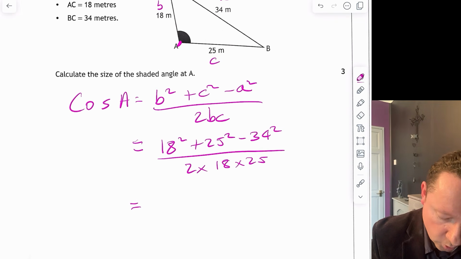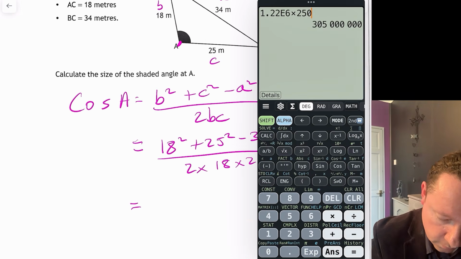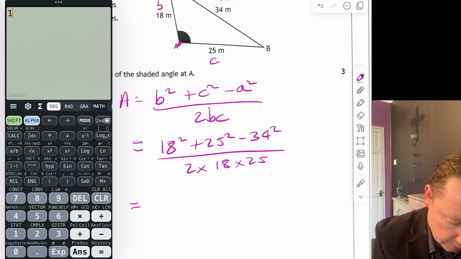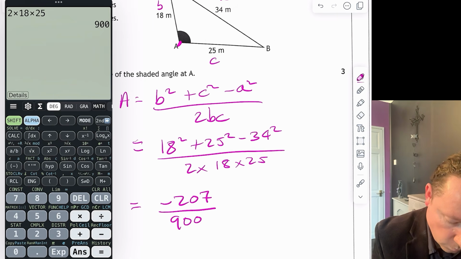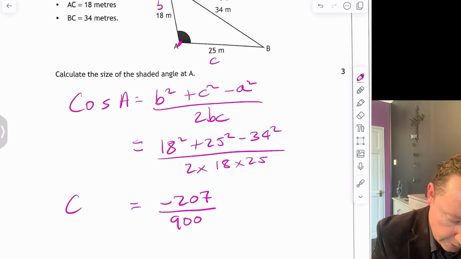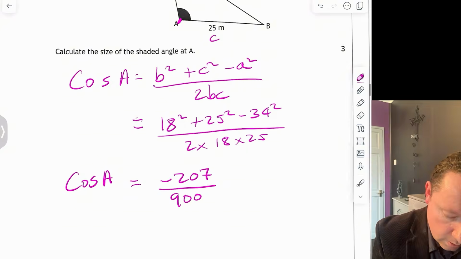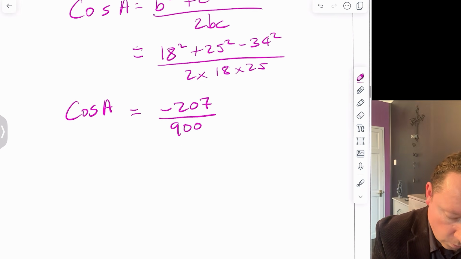Usually I work out my top and bottom separately. 18 squared plus 25 squared minus 34 squared is minus 207, all over 2 times 18 times 25, which is 900. So that's cos A. So I do the inverse cos.